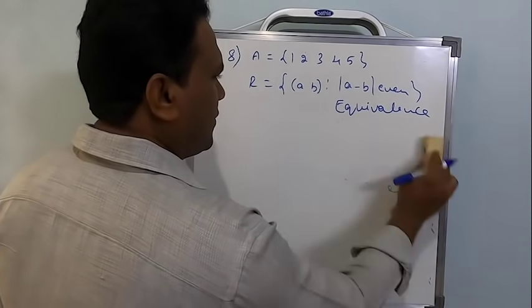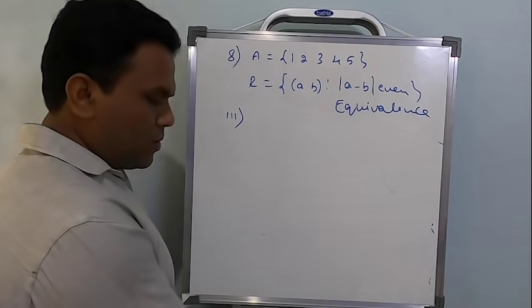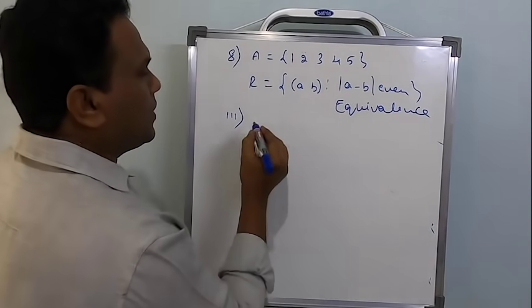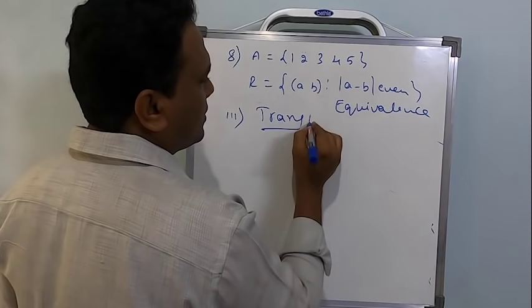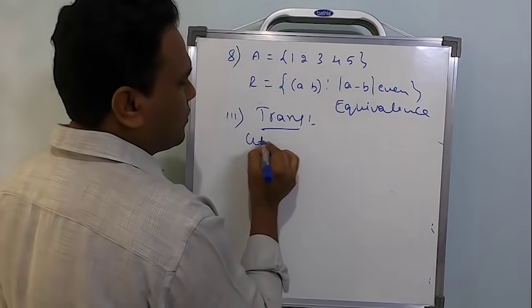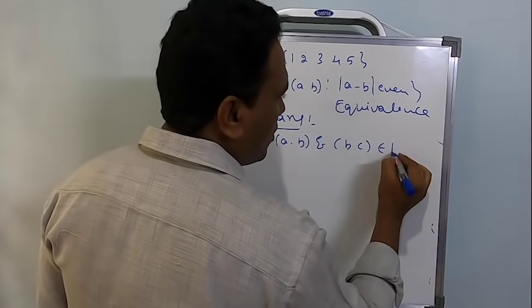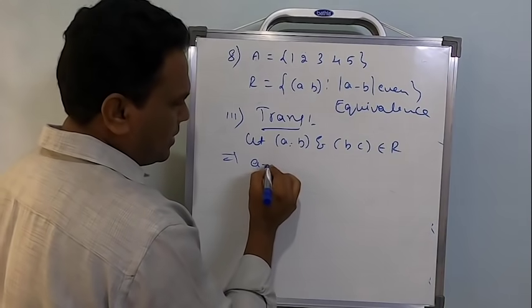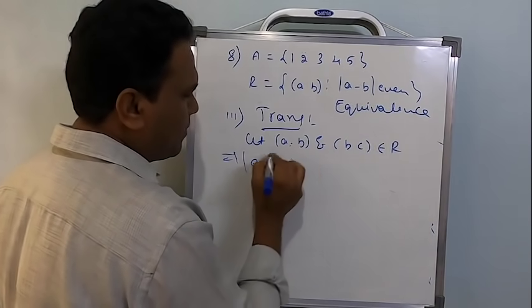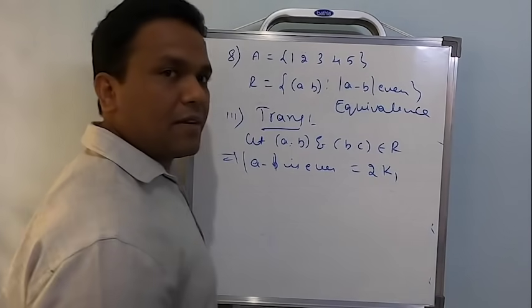Now the next, transitive. I want you to be careful with this one. For transitive, we start with (A, B) and (B, C) already belonging to R. This says that mod of A minus B is even, so let me take it as 2k1.